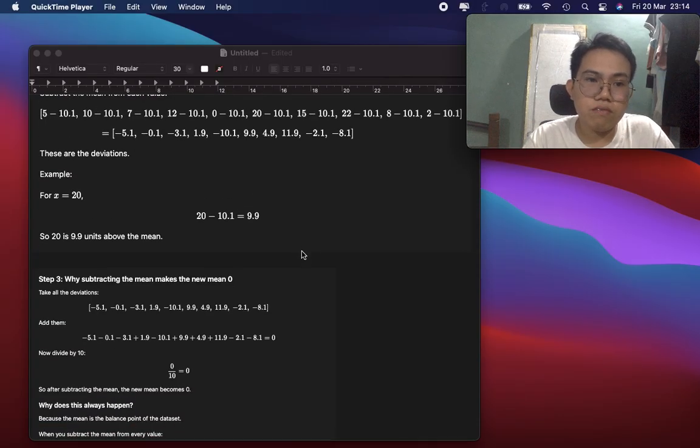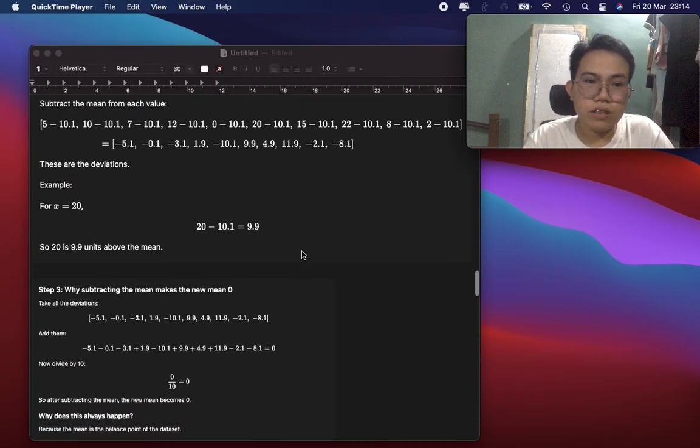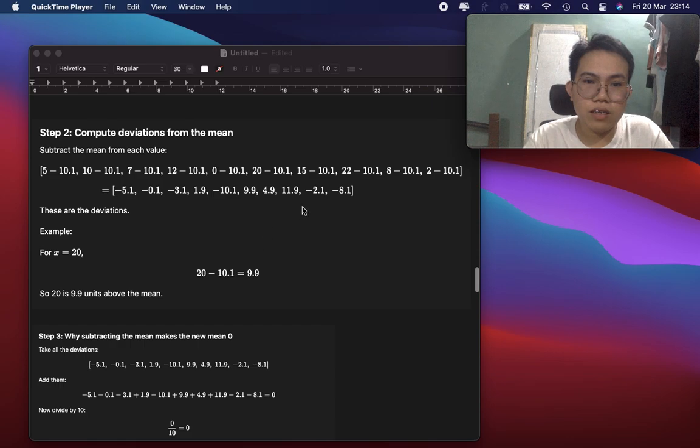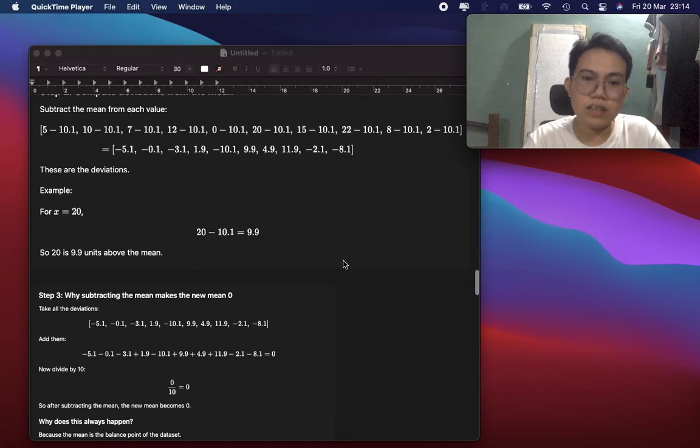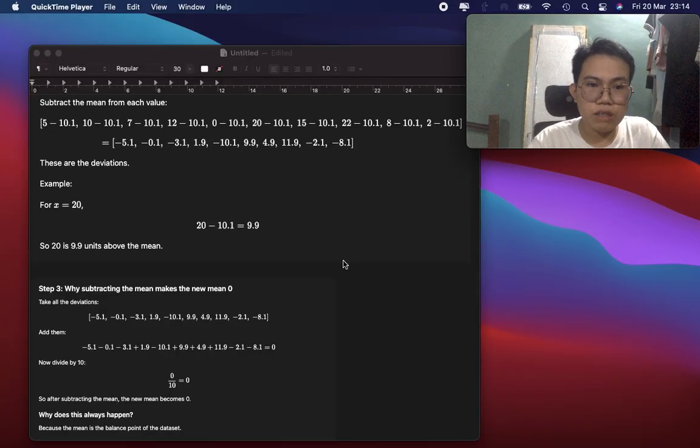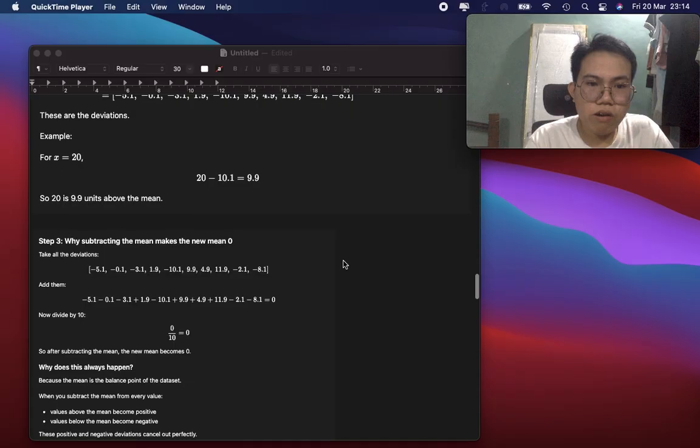These are the deviations. For example, the 20 in our data set: x is 20 and the mean is 10.1. We subtract to know how far this specific value is from the mean. So it is 9.9 units above the mean.